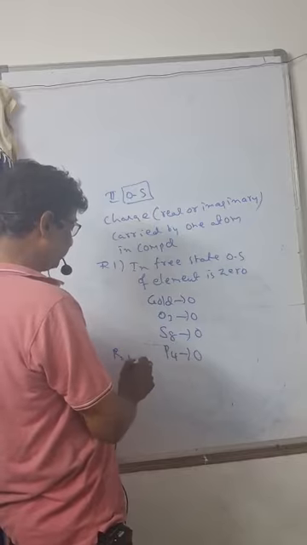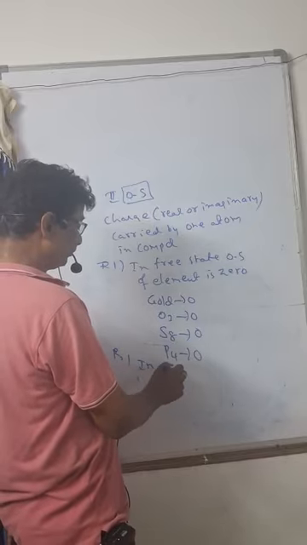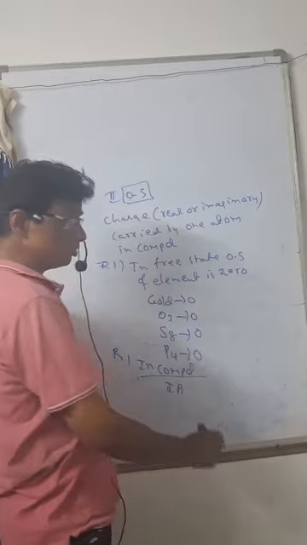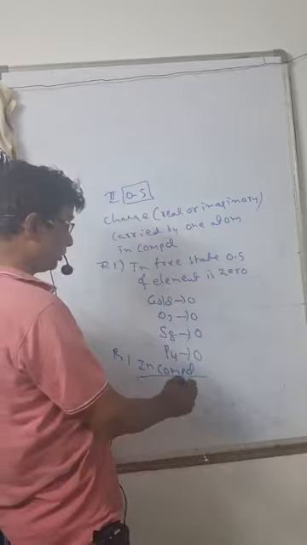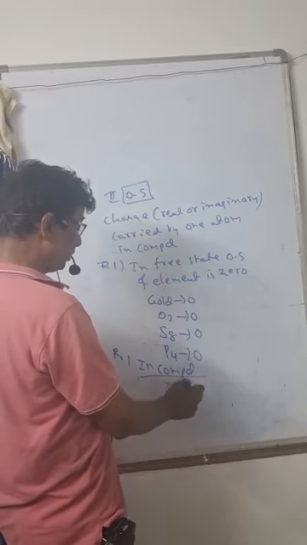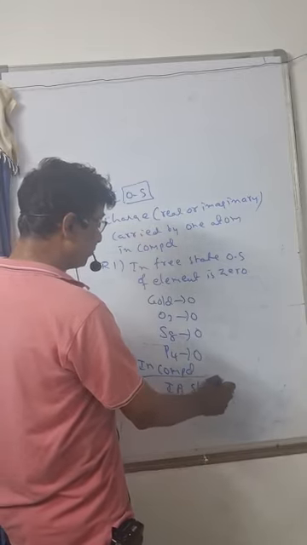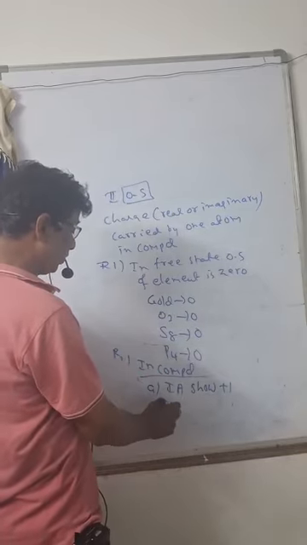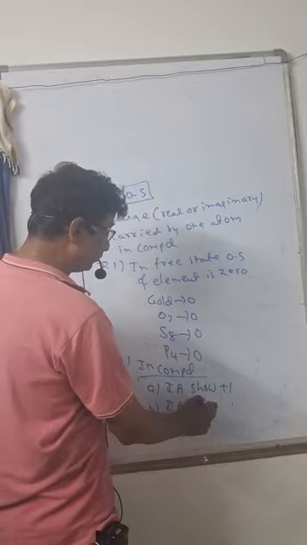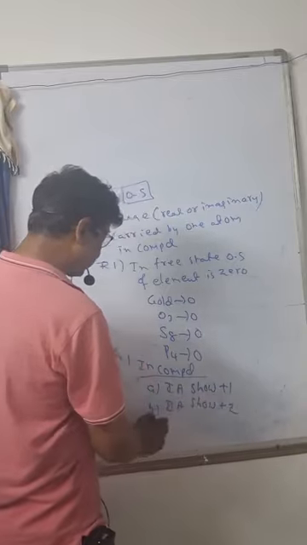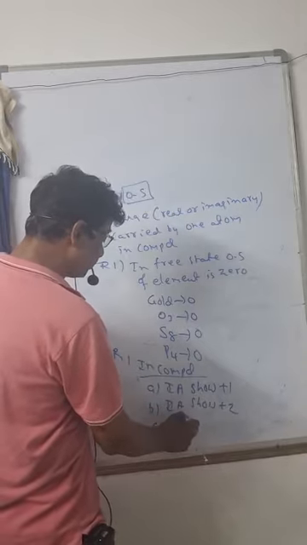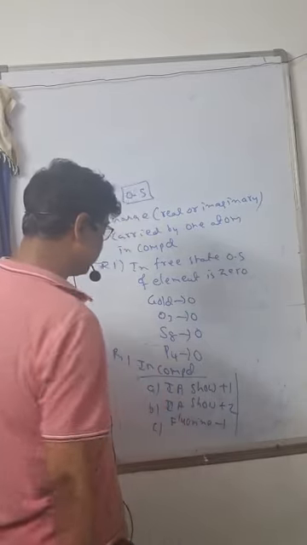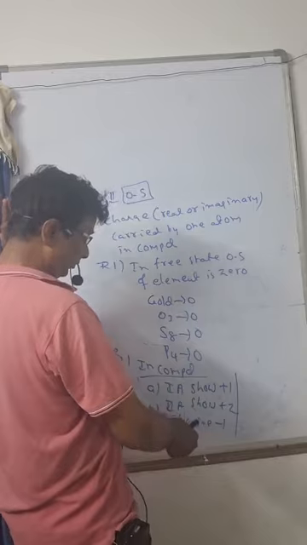Rule 2. In compounds, first group elements. We know first group lithium, sodium, potassium, rubidium, cesium, francium. First group elements show +1. Second group elements show +2. Fluorine shows -1. Universal.